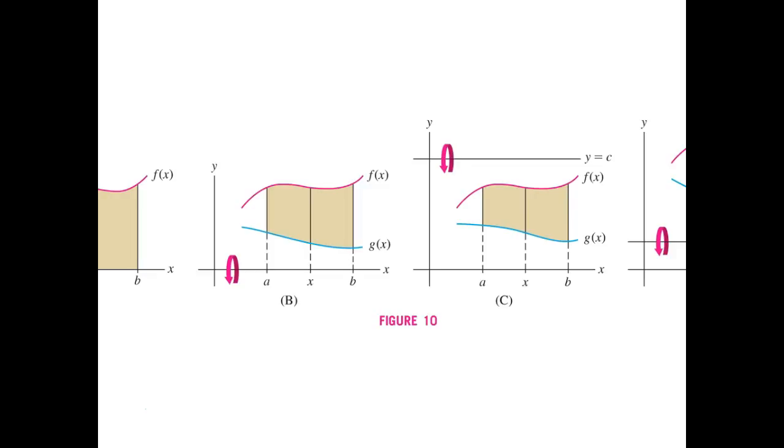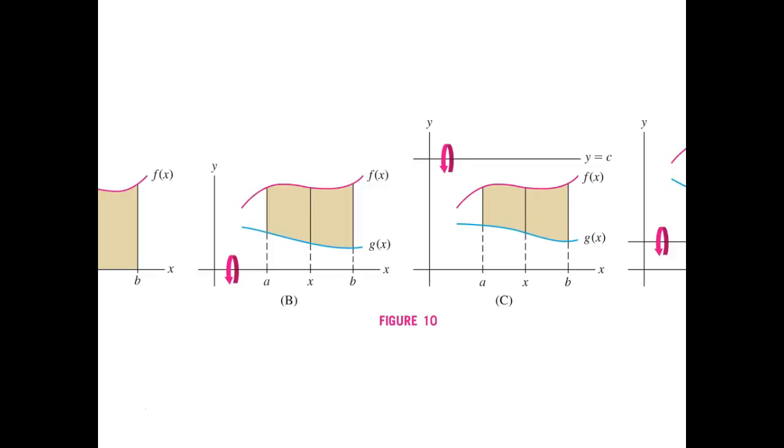Okay? Here, though, if that c is up above these, your outer radius is c minus g, whatever that g of x is, c minus g is the outer radius squared minus the inner radius squared, which is c minus f squared.